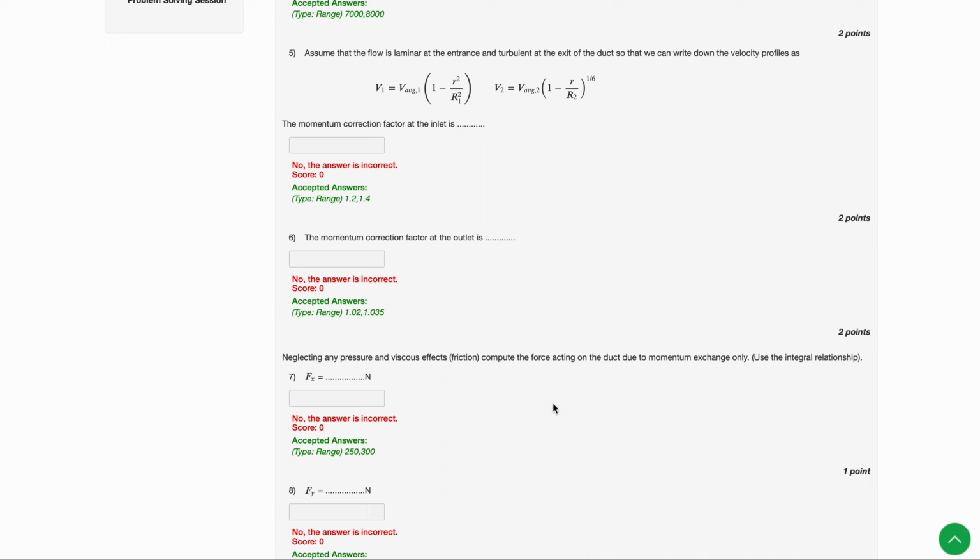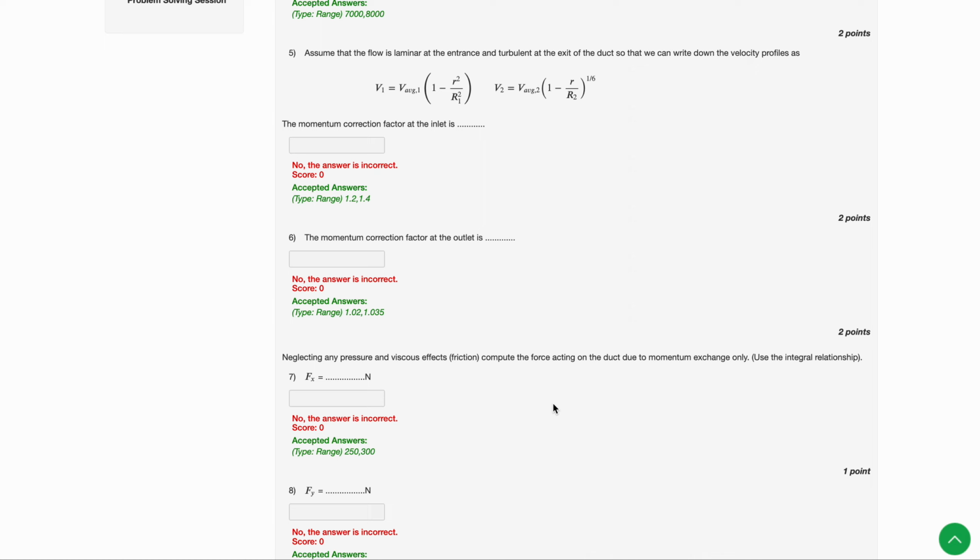plus integration over the control surface, this first one being over the control volume, and this over the control surface, let me write it as CS, of eta rho V relative dot n cap, that is the unit vector at the surface, into dA.